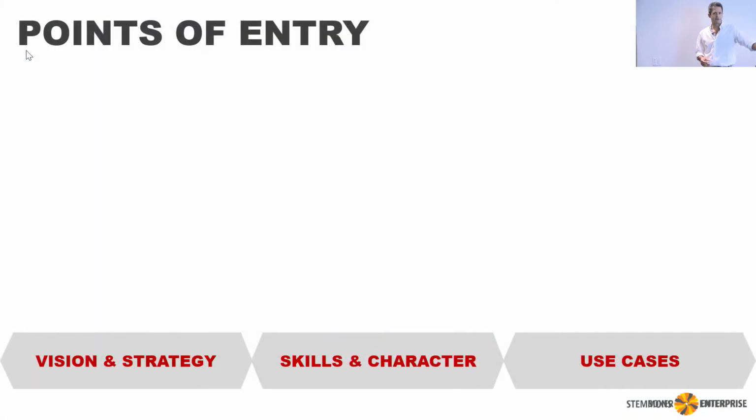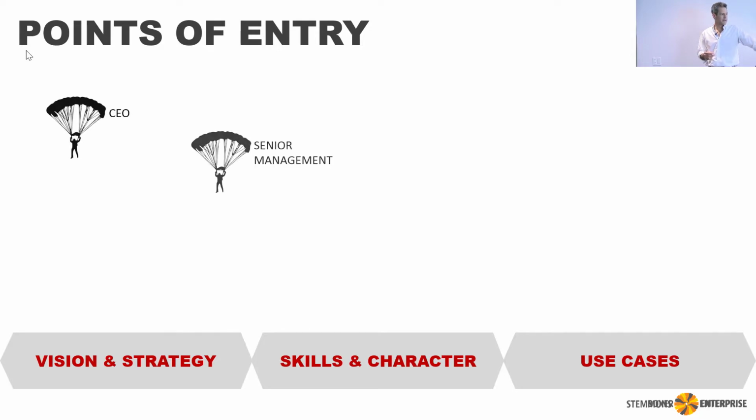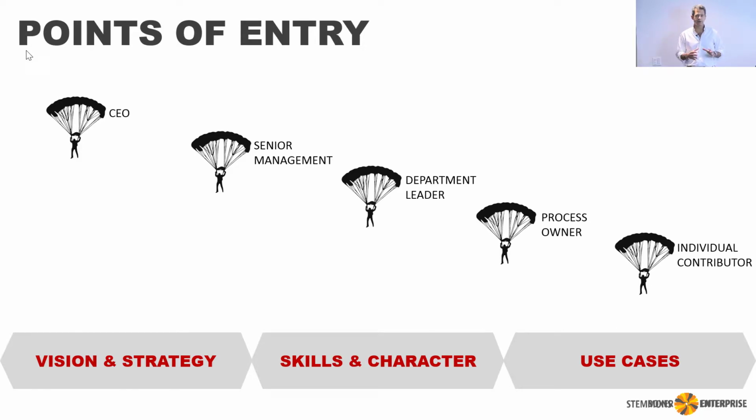So the first thing is to understand who we're talking to. On one end of the spectrum, you have someone like the CEO, and going all the way down to someone who's an individual contributor. These people are coming into the conversation, and they have different areas of focus. So we think of it as their landing zone. The CEO is mostly thinking about the vision and the strategy and the overall arc of the company.